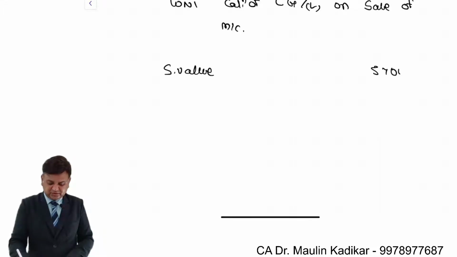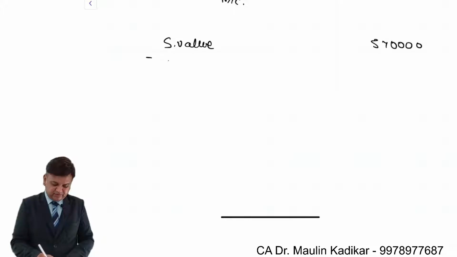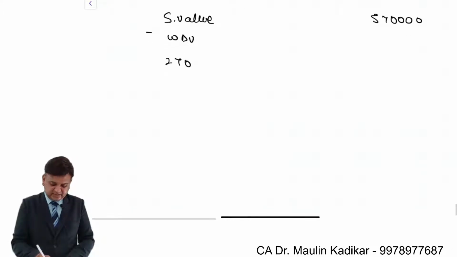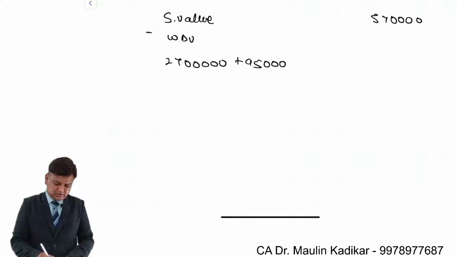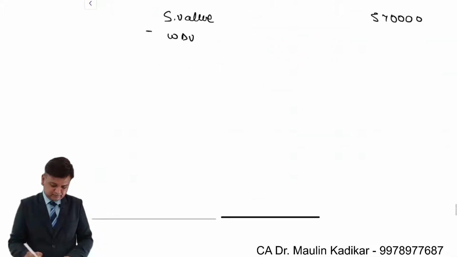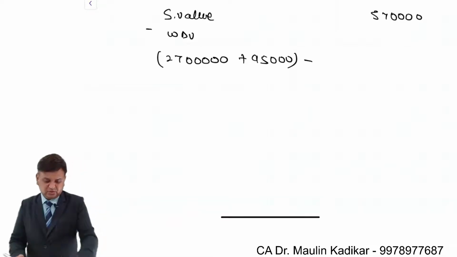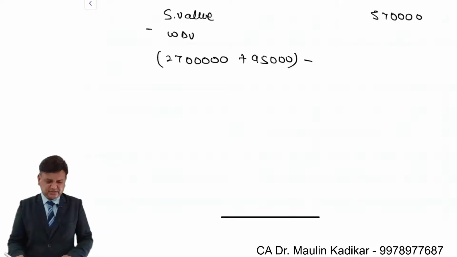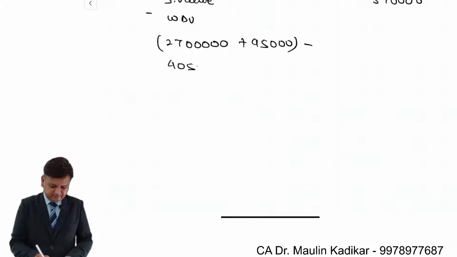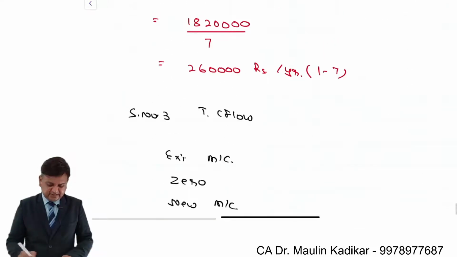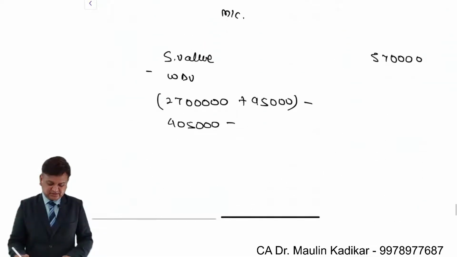Scrap value 5,70,000 minus WDV. 27 lakhs purchase price plus 95,000 installation cost minus subsidy, which is 27 lakhs into 15%, that is 4,05,000, minus depreciation 2,60,000 for 7 years.